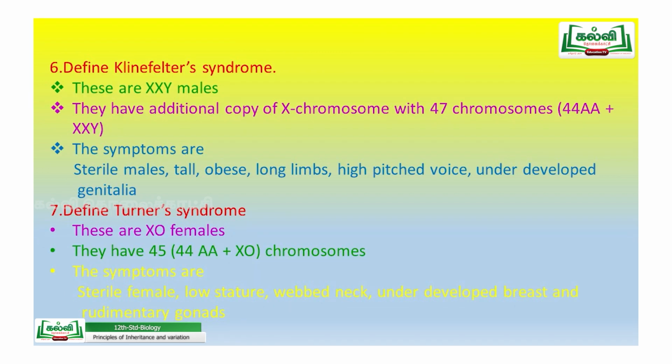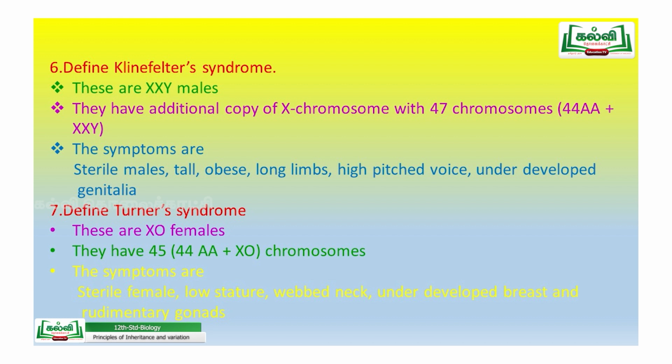One, define Klinefelter syndrome. These are XXY males and they have an additional copy of X chromosome with 47 chromosomes, that is 44 autosomes plus XXY chromosomes. The symptoms of Klinefelter syndrome are sterile males, tall, obese, long limbs, high pitched voice and underdeveloped genitalia.